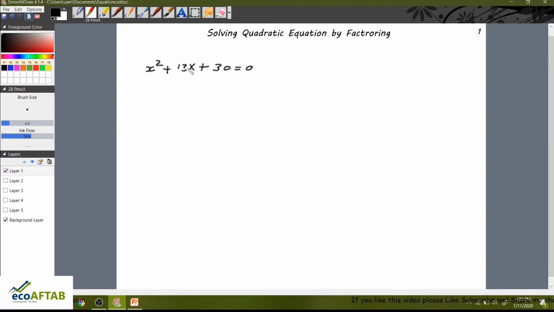So what are we going to do here? We are trying to solve a quadratic equation by factoring.